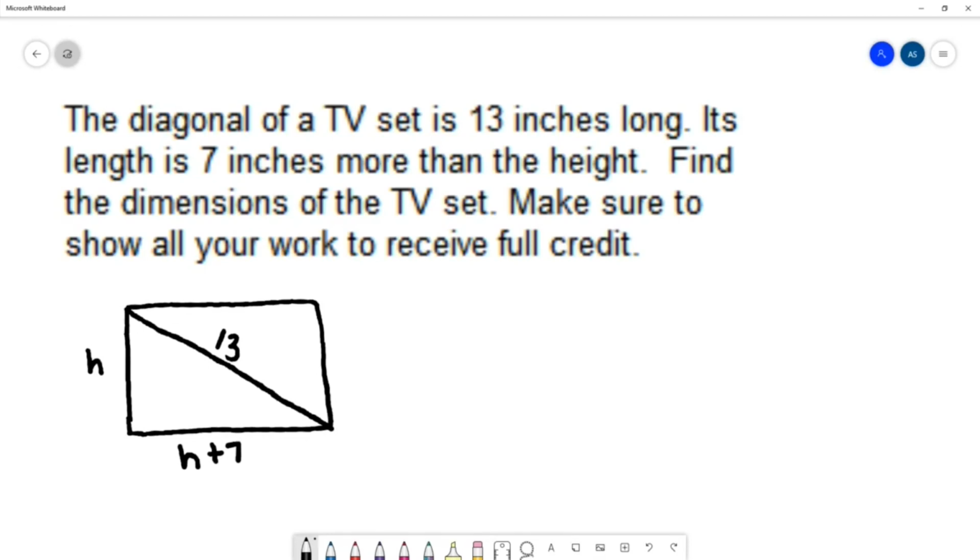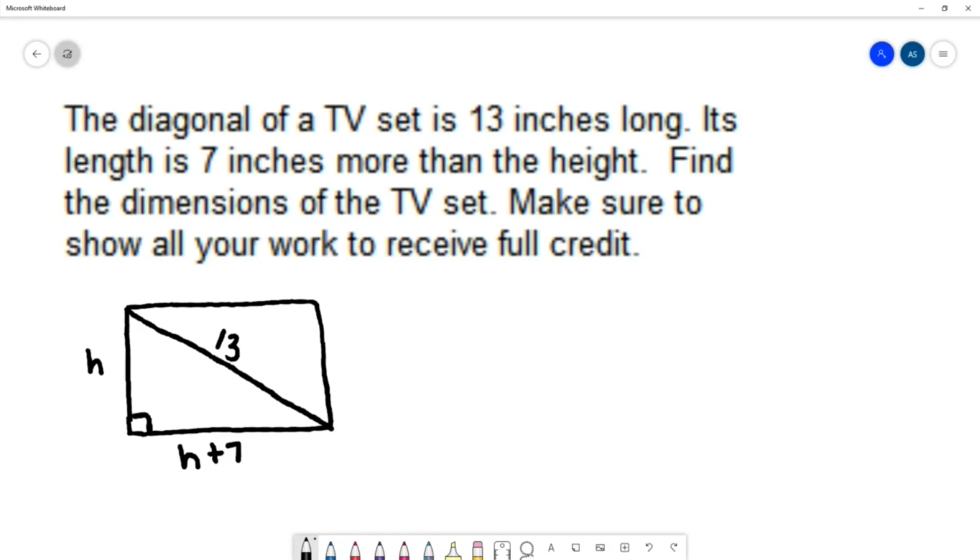So we notice that when drawing in the diagonal, we created a right triangle. And when we have a right triangle, we can use the Pythagorean Theorem.